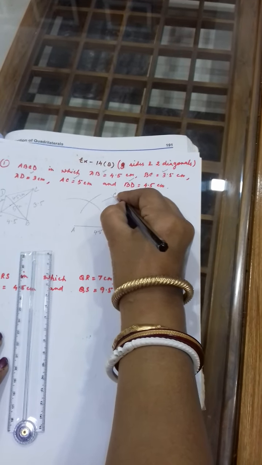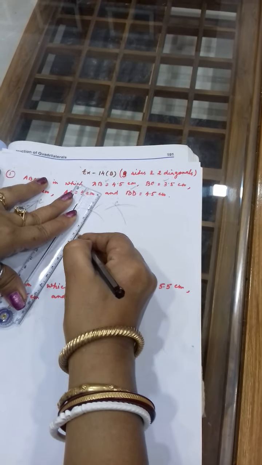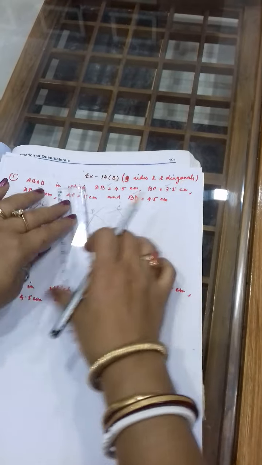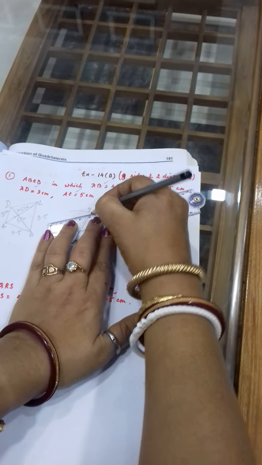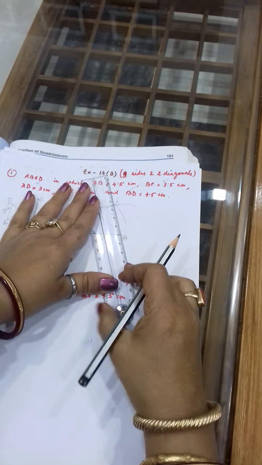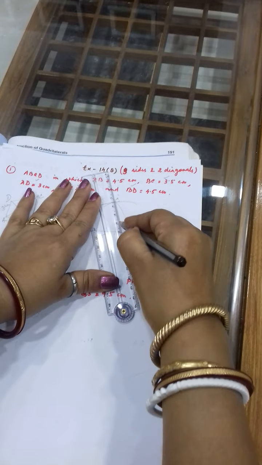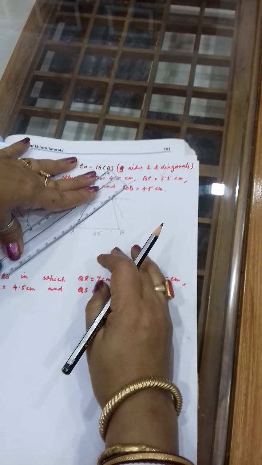So after drawing this one, you have got C point and D point. Now you join it. And 2 diagonals are there, AC and BD.